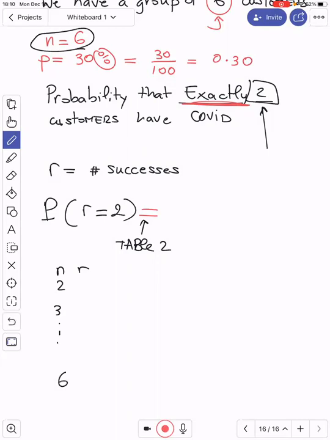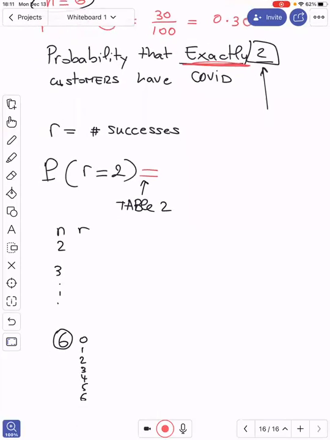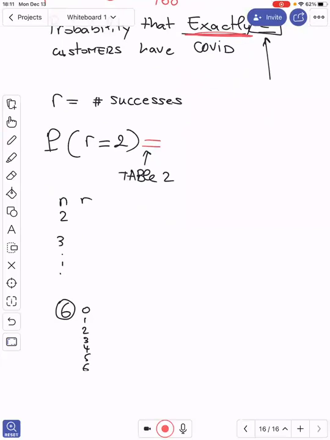So you go to n equal to 6, and next to 6 is the number of successes R, and if n is 6, R goes from 0 to 6. So you have 0, 1, 2, 3, 4, 5, 6. If n is 4, then R would be 0 or 1 or 2 or 3 or 4. So it goes from 0 to n.